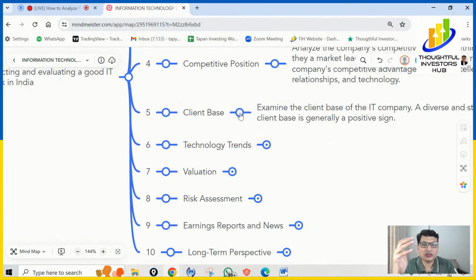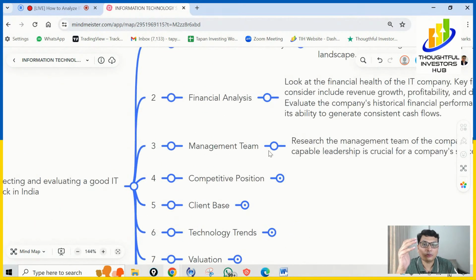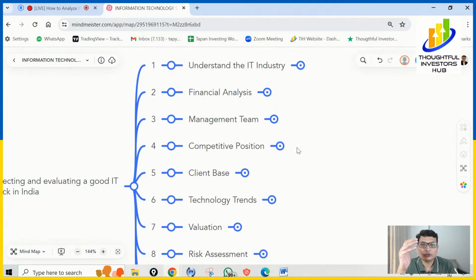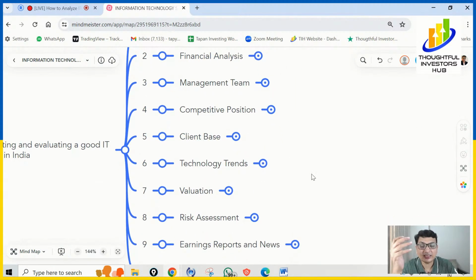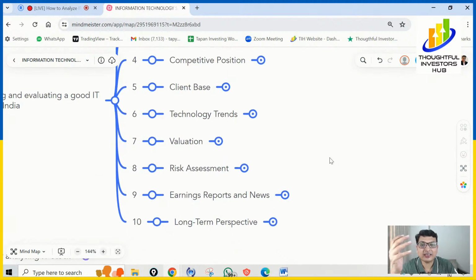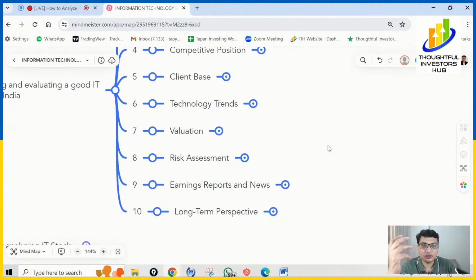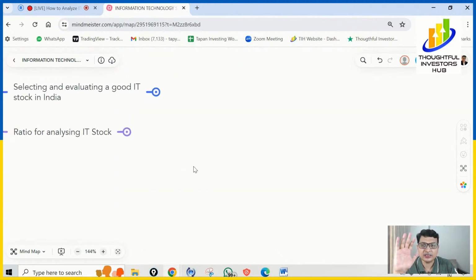These are general points, but now we are going to talk about the ratios. So: understanding the IT industry, financial analysis, management, competitive position, client base, technology trends, valuation, risk assessment, earnings reports and news, and a long-term perspective. Clear, guys? If it is clear till now, just type C for clear in the chat box.